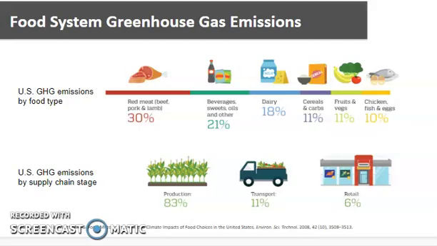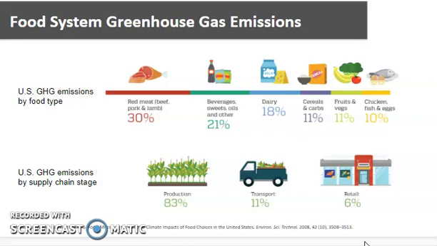The food system, greenhouse gas emissions, the U.S. greenhouse gas emissions, and this, by the way, is based on one study. You can see the data down here. So you're going to see different numbers depending on the study that you look at, but red meat production accounts for about 30% of the U.S. greenhouse gas emissions produced by food.